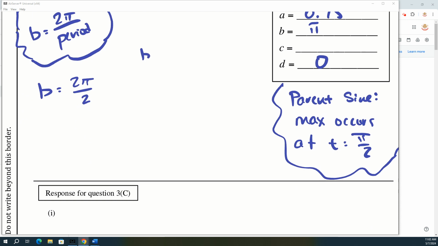So it's going to be B times T plus C should equal that pi over 2. That's where the first maximum occurs on the sine. All right, now you should have already found B was pi.